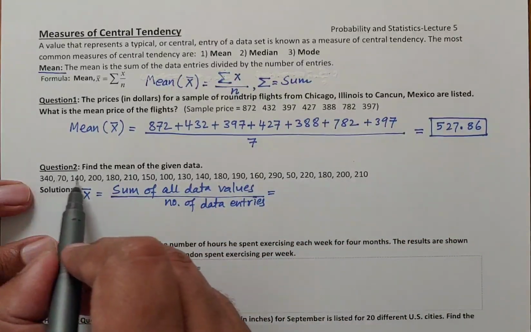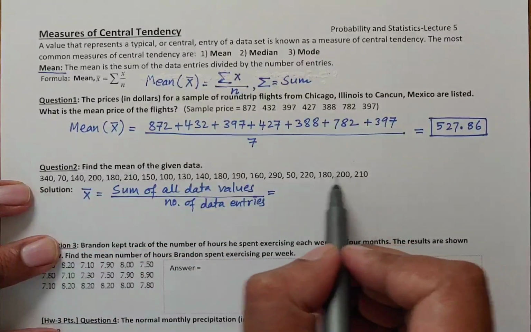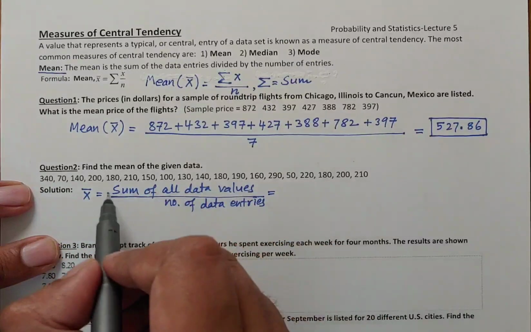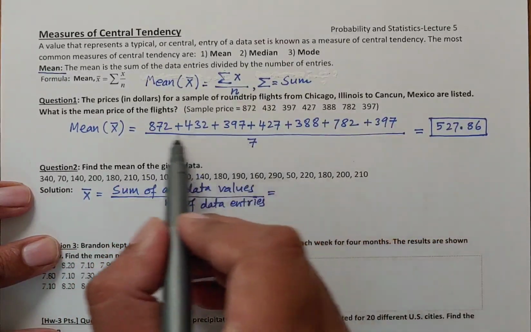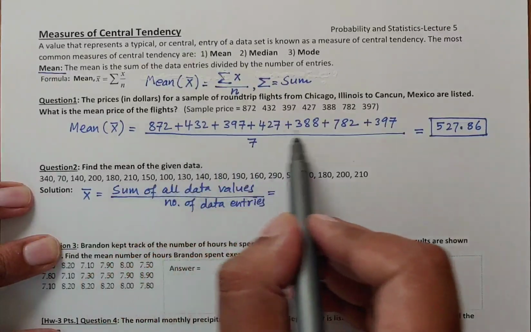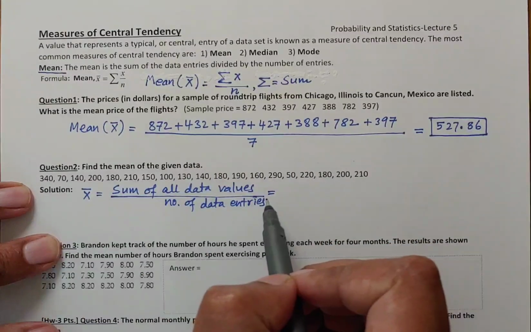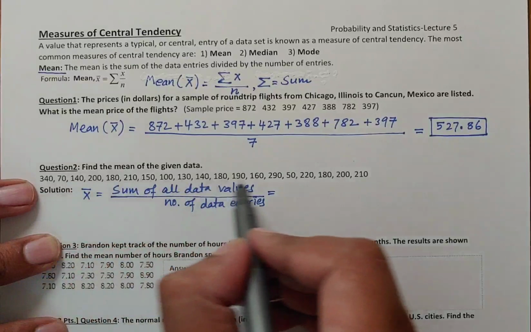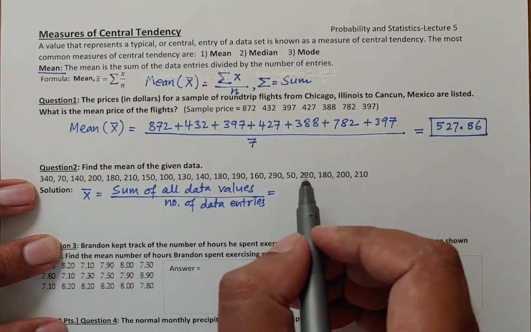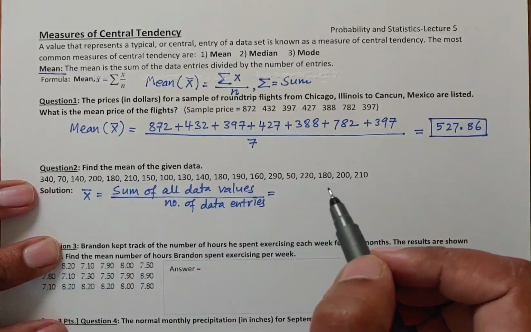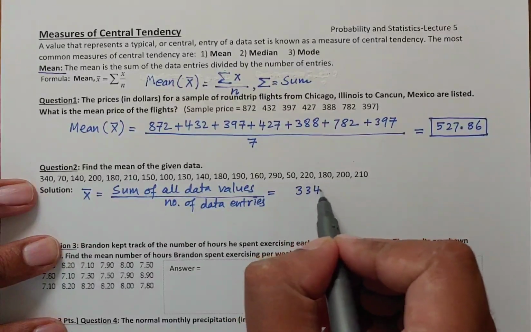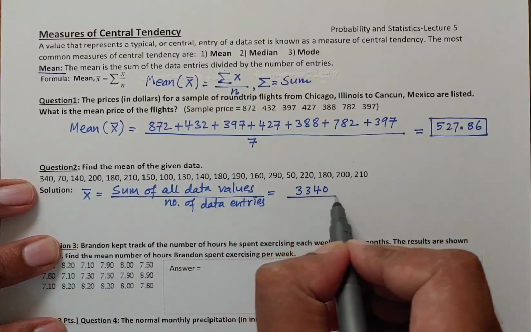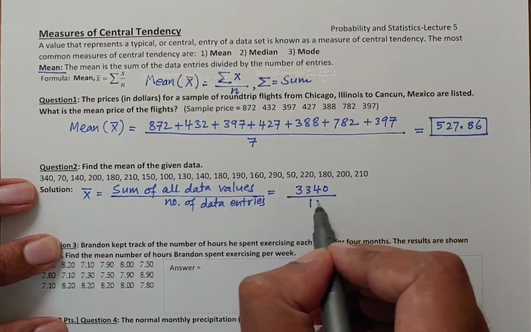You could write out adding all these numbers, but I added them in the calculator and this sum is 3340, divided by 19.